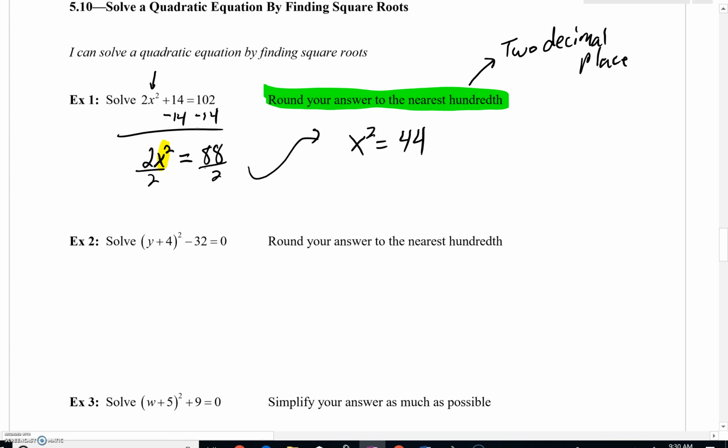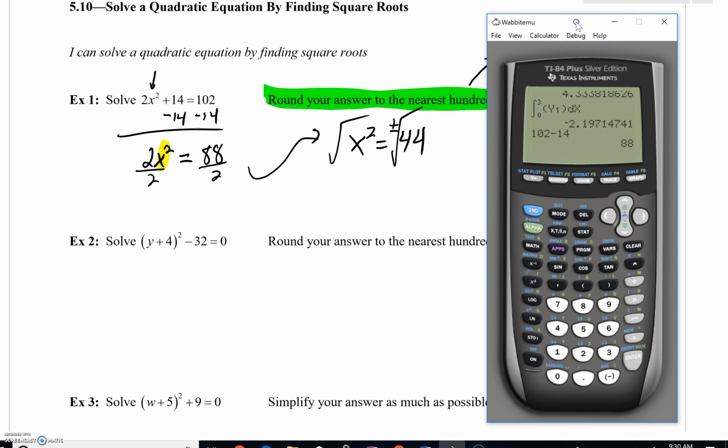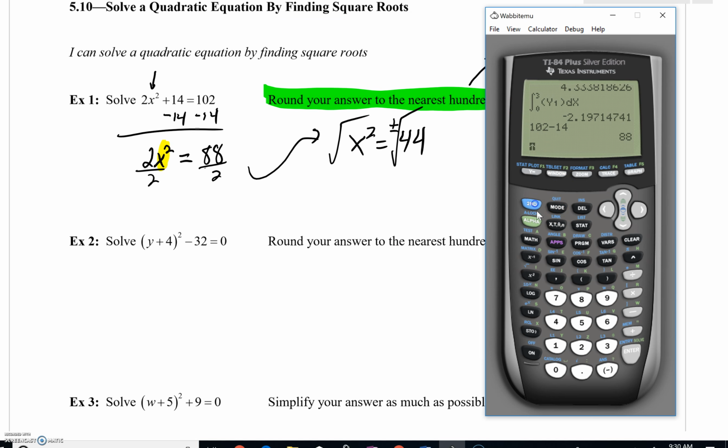Once you have a squared term isolated, then you can take your square roots. Please do remember there are 2 of them. There is a plus and a minus. So what we can do very quickly is just type in a square root. I'll go second radical and go square root of 44. And that's 6.63.